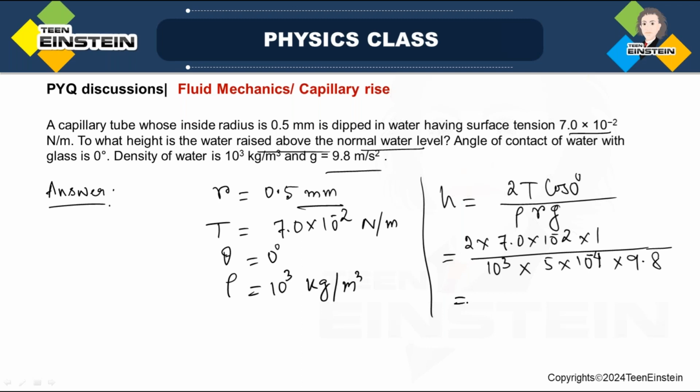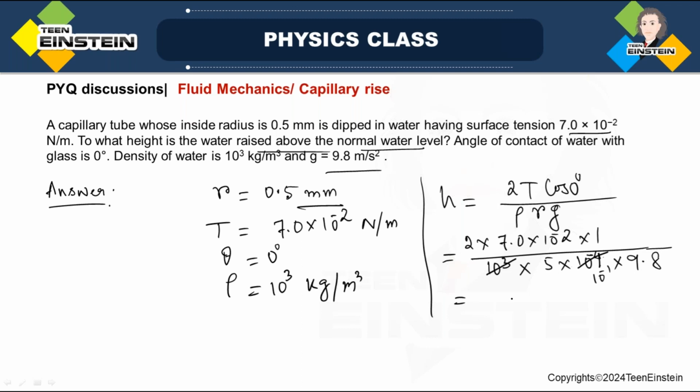So look what I get. Here 10 to the power 3 and 10 to the power minus 3 from here, and here there will be 10 to the power minus 1. 9.8 we can write as 98 into 10 to the power minus 1.